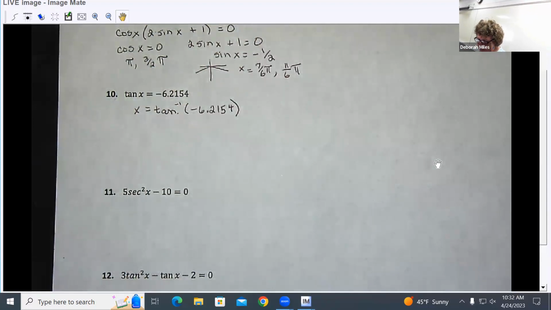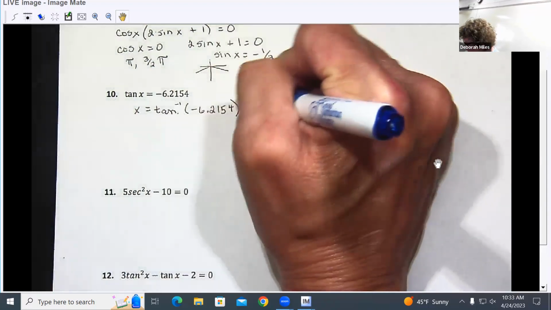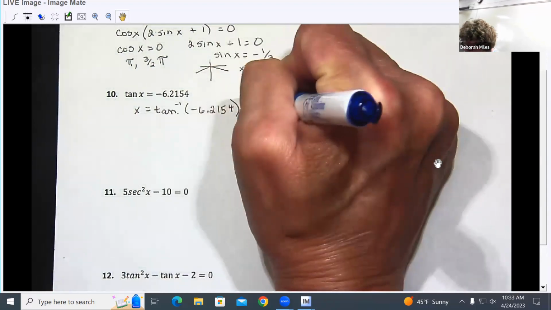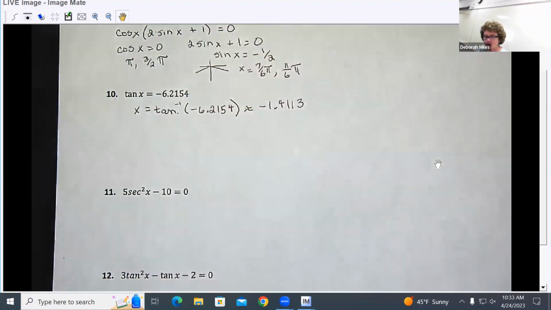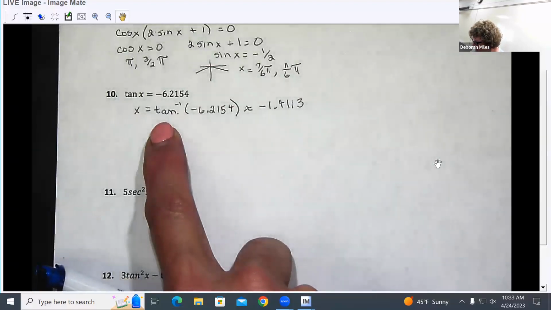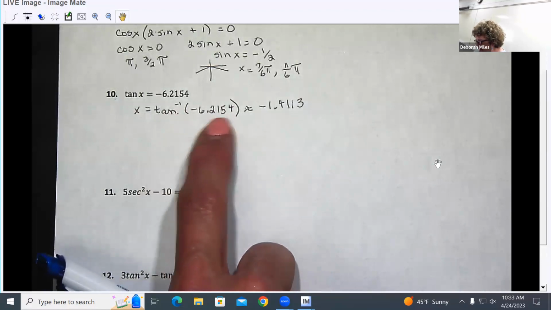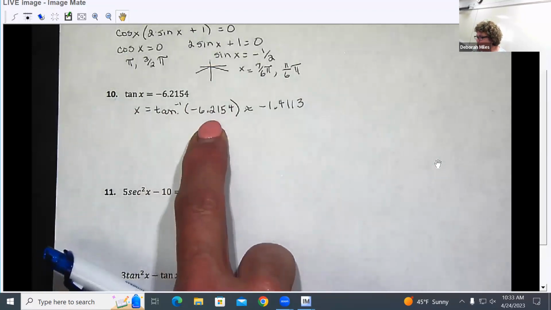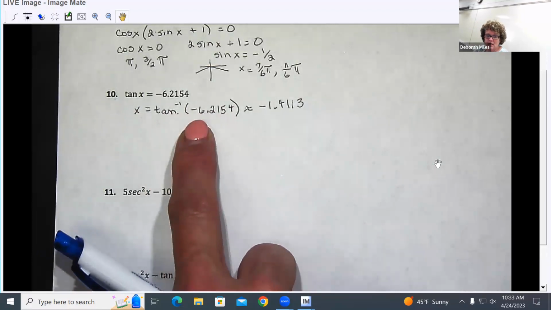Now, just to make this a little bit faster, I have entered that on my calculator already, and I got -1.4113. Now, think about this. This inverse tangent of -6.2154, that's the angle whose tangent is about -6.